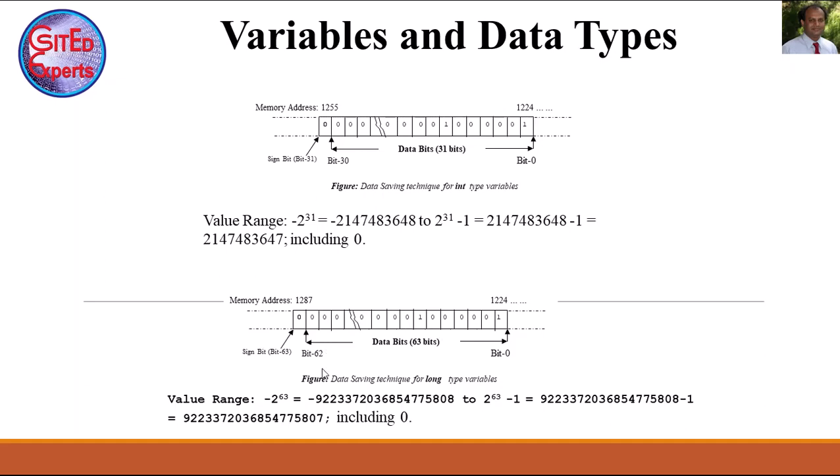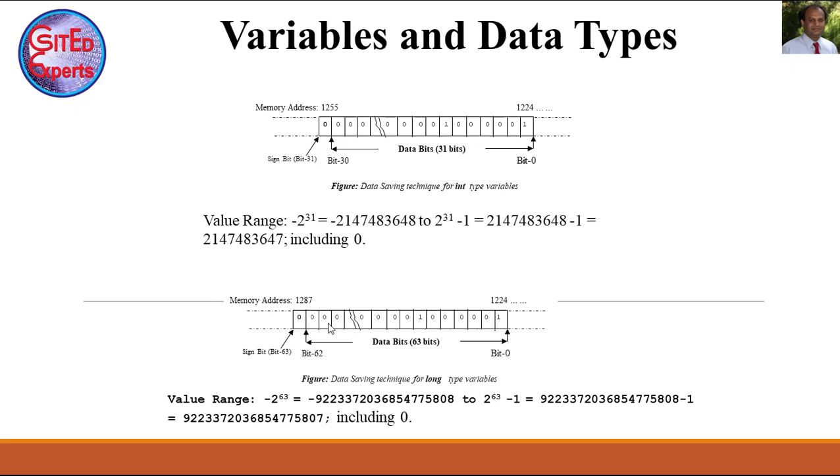And similarly a long type takes 8 consecutive memory bytes. Except the leftmost sign bit, it will have 63 data bits, from bit 0 to bit 62, used for storing the actual data.